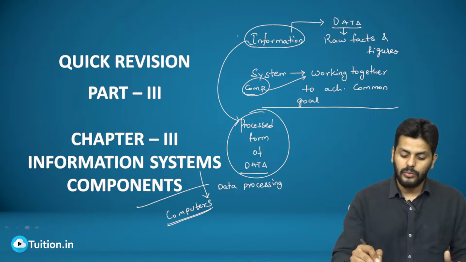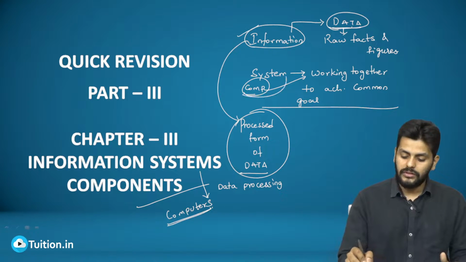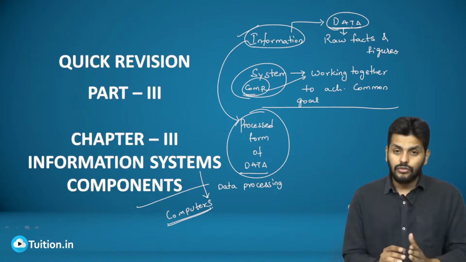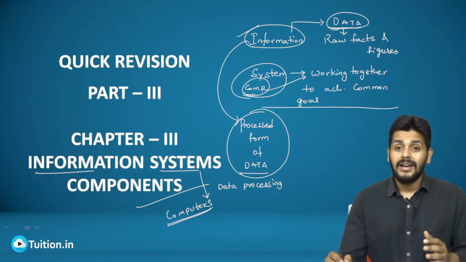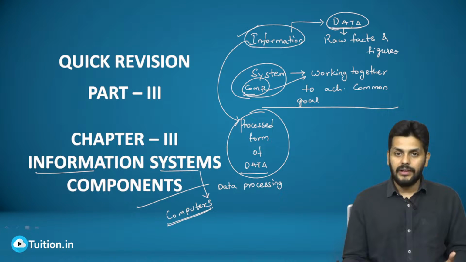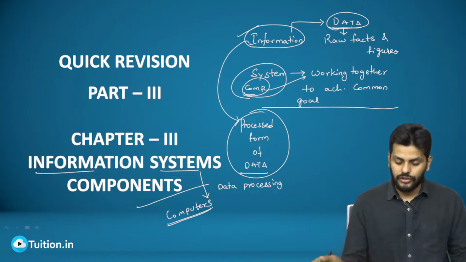So are you clear about this word information, for which we need to know the word data, and then what is the system? This topic, information systems, is nothing but a set of devices that work together to convert data into information. That is our context of discussion till now.